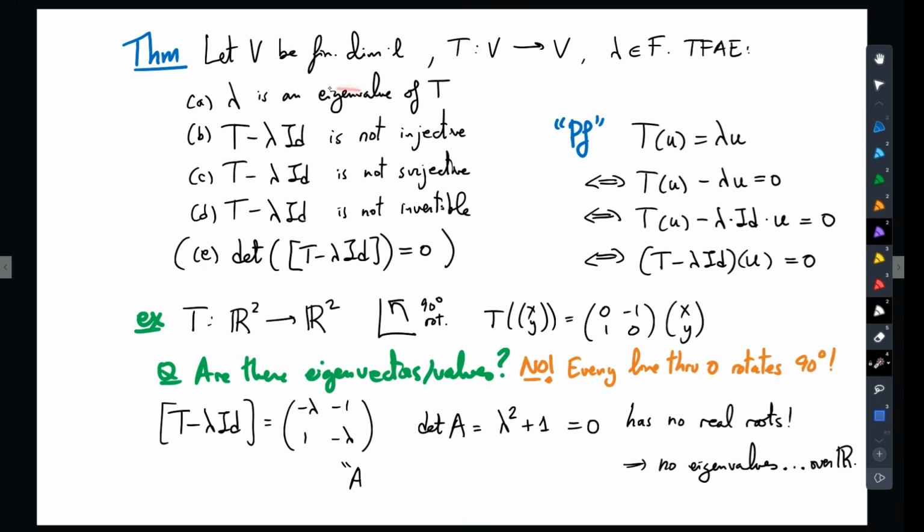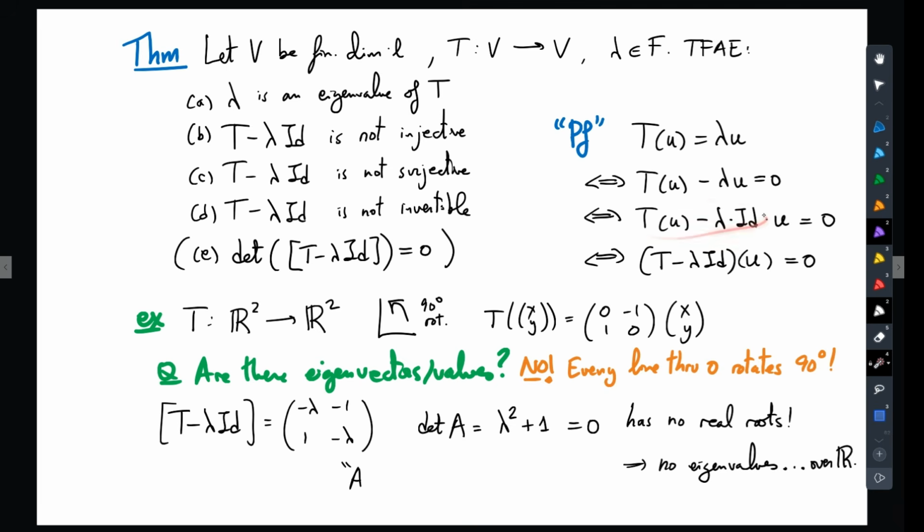Suppose that lambda is an eigenvalue of T. Then by definition, T of u is equal to lambda u for some vector u. There is an eigenvector with eigenvalue lambda. If I bring this to the other side, this is if and only if T of u minus lambda u is 0, and the scalar multiplication lambda times u is the same as the operator lambda times the identity map applied to u.